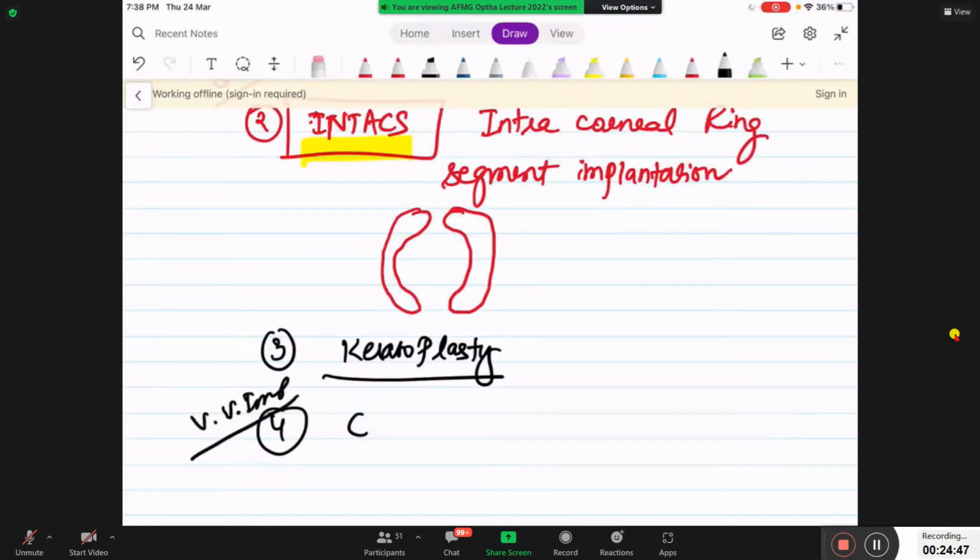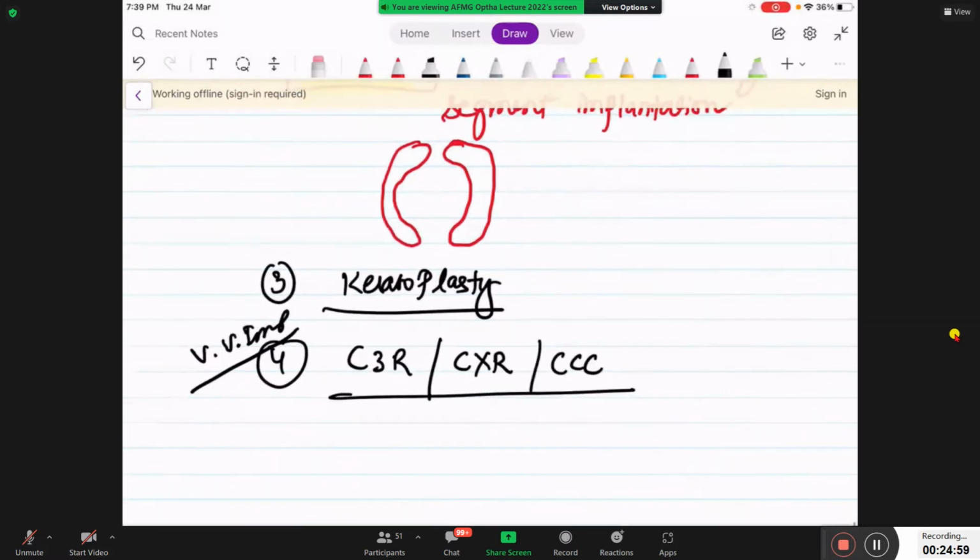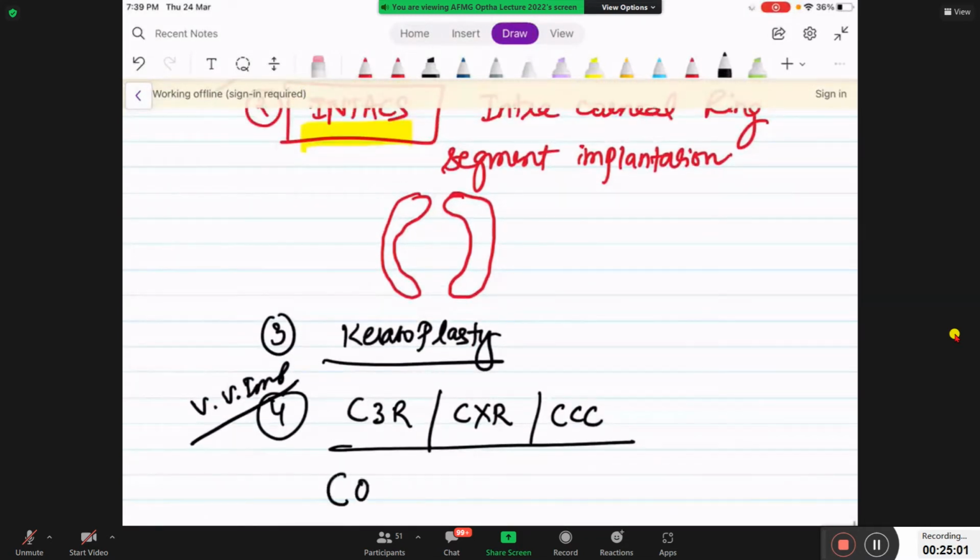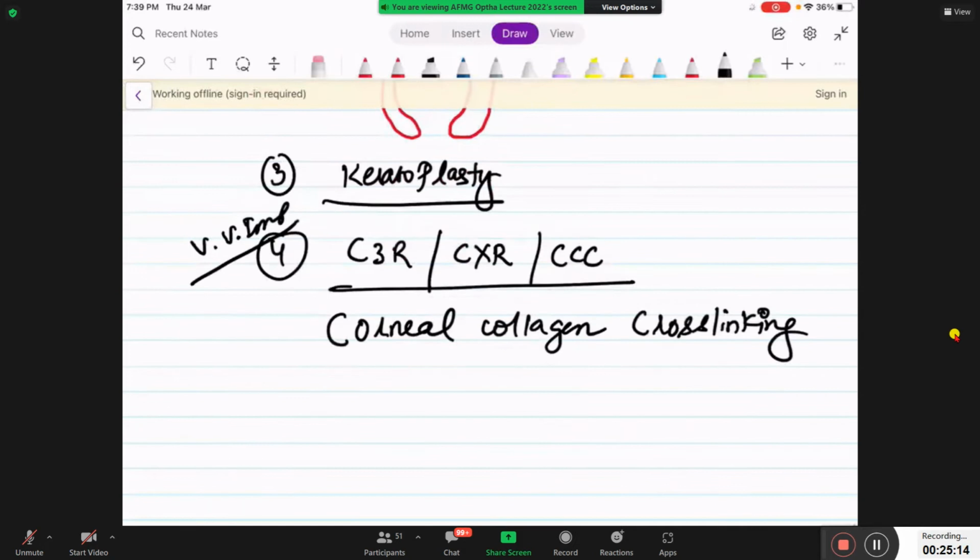Very, very important. C3R, it is called as C3R, CXL or CCC. It has three names, and the full form is corneal collagen cross-linking with riboflavin.